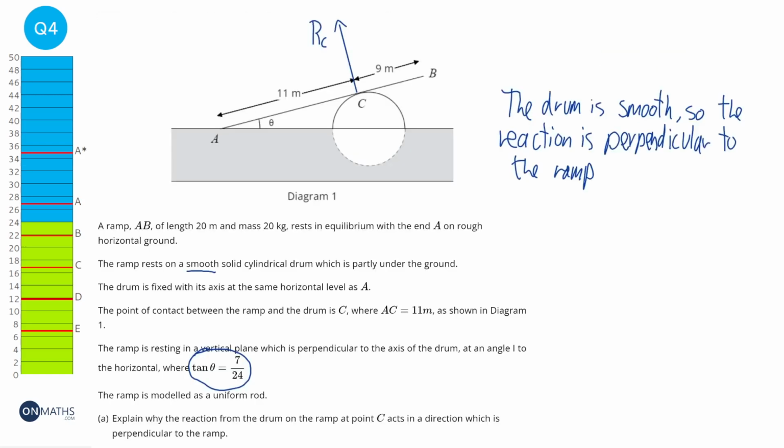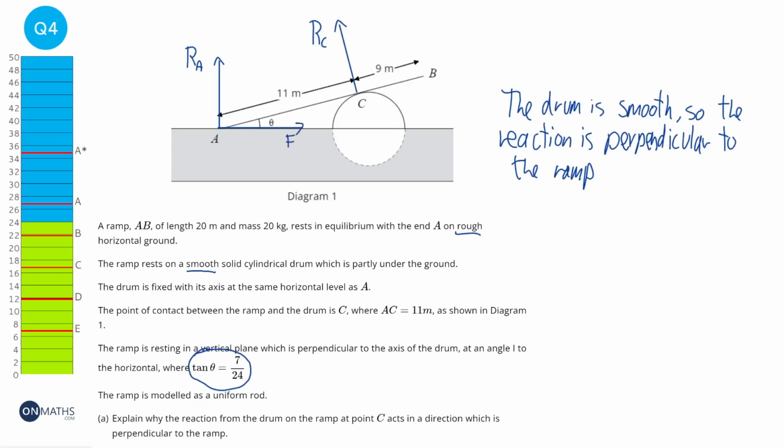Okay, and we're going to start by just labelling all of the forces that we have acting on this ramp. So we've got the normal reaction at A, and we're just going to label this as RA. We're also told that we have a friction force because it says it's a rough horizontal ground, so there'll be a friction force here.